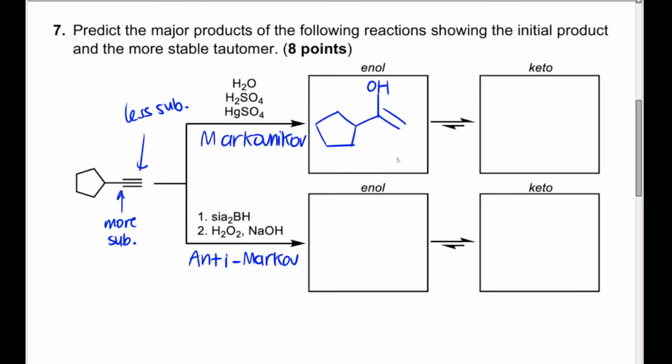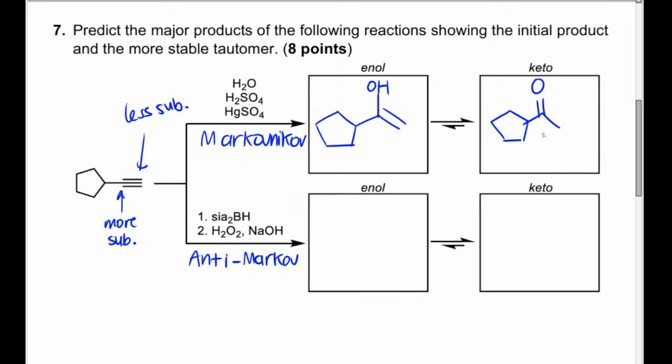To draw this in the keto form, you just have to move the double bond to the oxygen and just forget about the hydrogen.